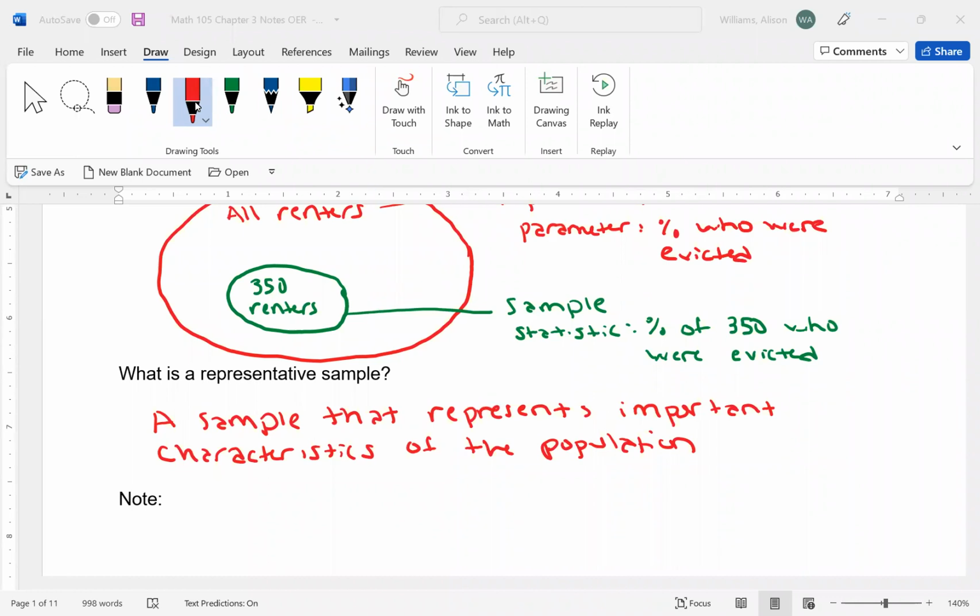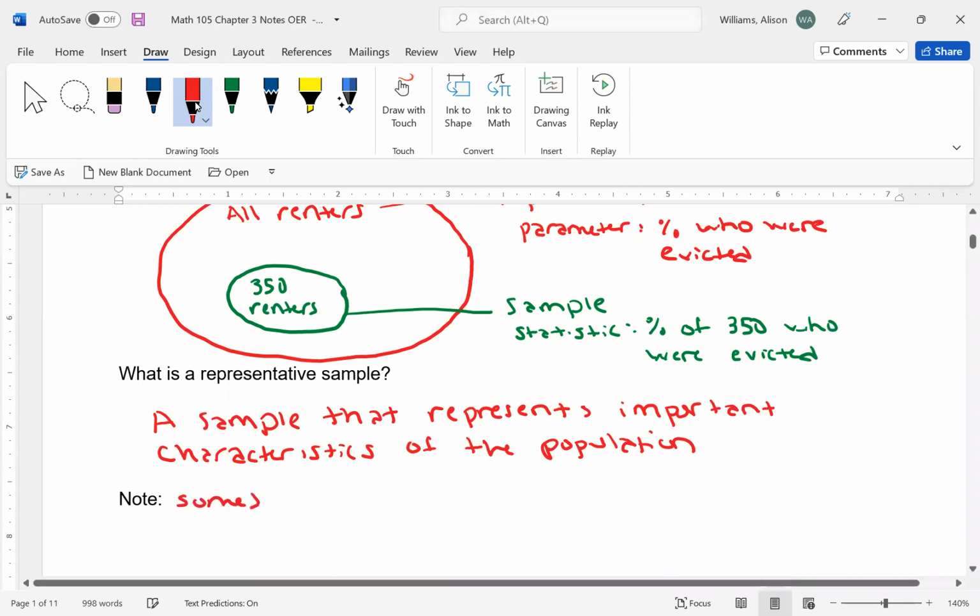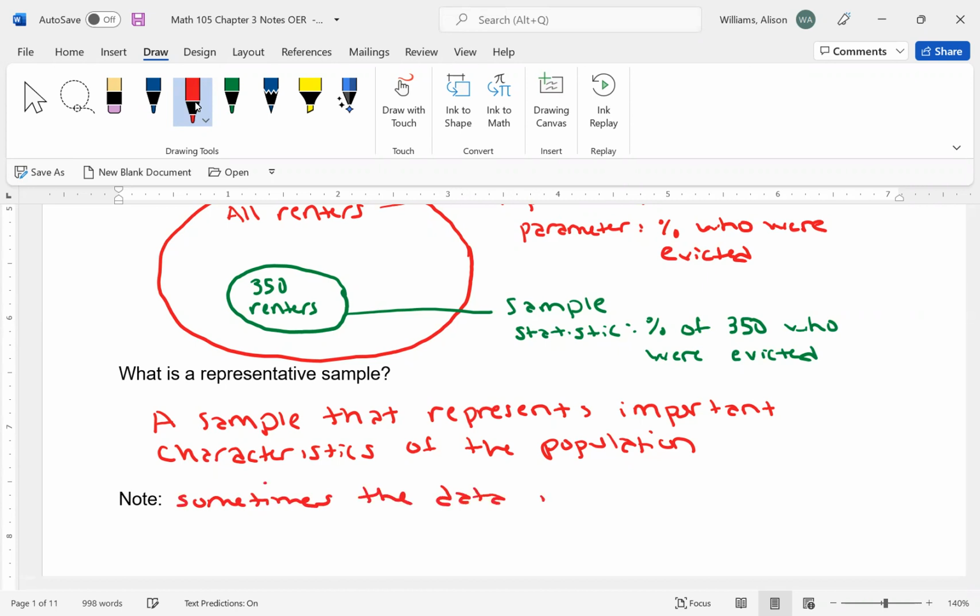So it's important to kind of note that sometimes when we want to make sure our sample is measuring these important characteristics, we may have to weight our information to do that. So sometimes the data is weighted, I'm going to put that in quotes, to represent our population.